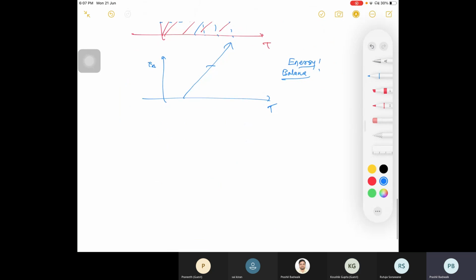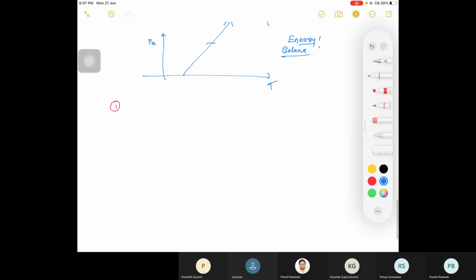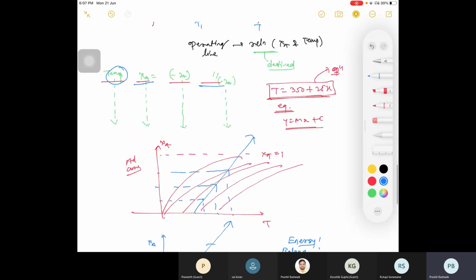Okay, अभी जब तुम्हें डेटा मिल गया है तो you know what is your design equation for PFR. पीएफआर के लिए that is your V by Fa naught is equal to integral Xa naught to Xa dXa by minus Ra.